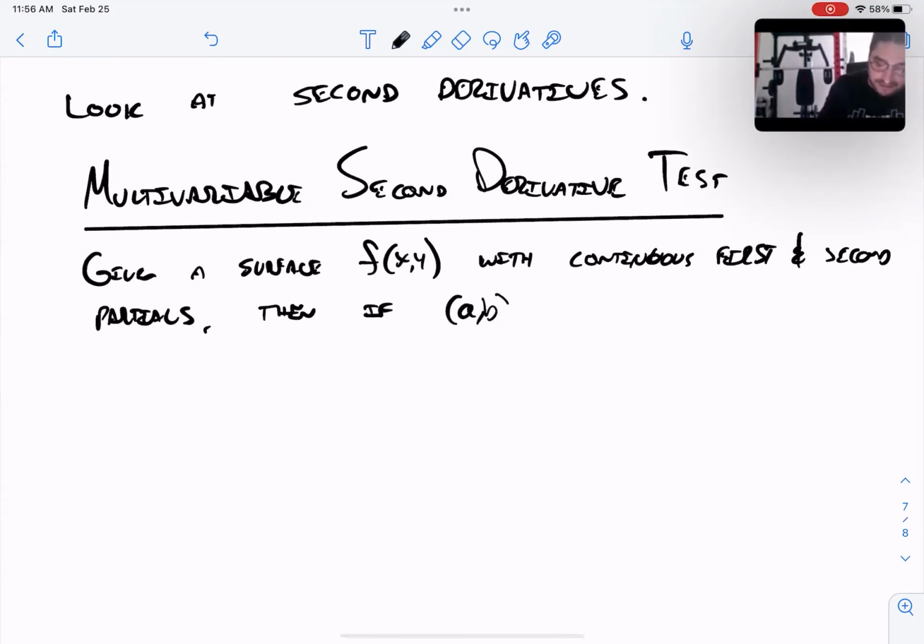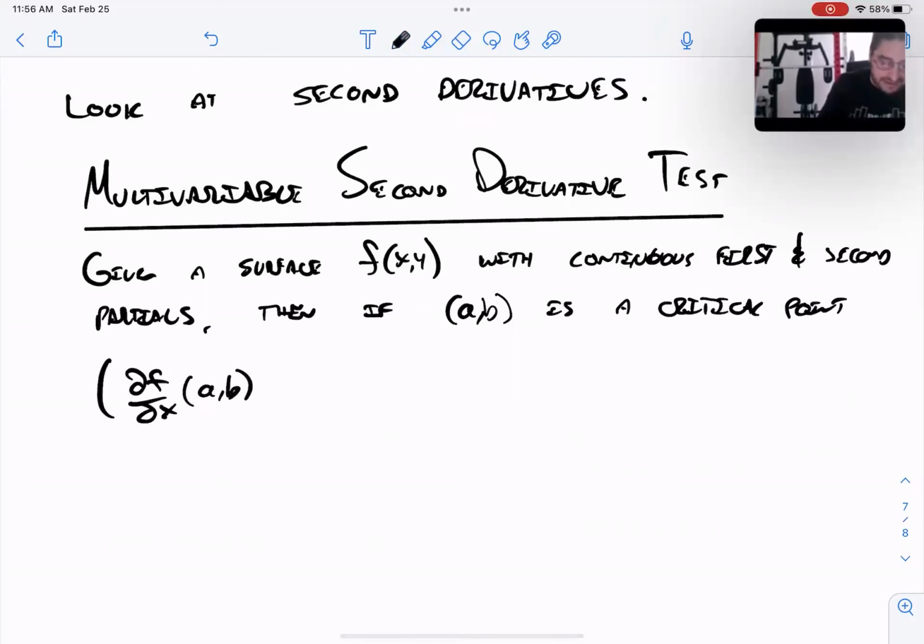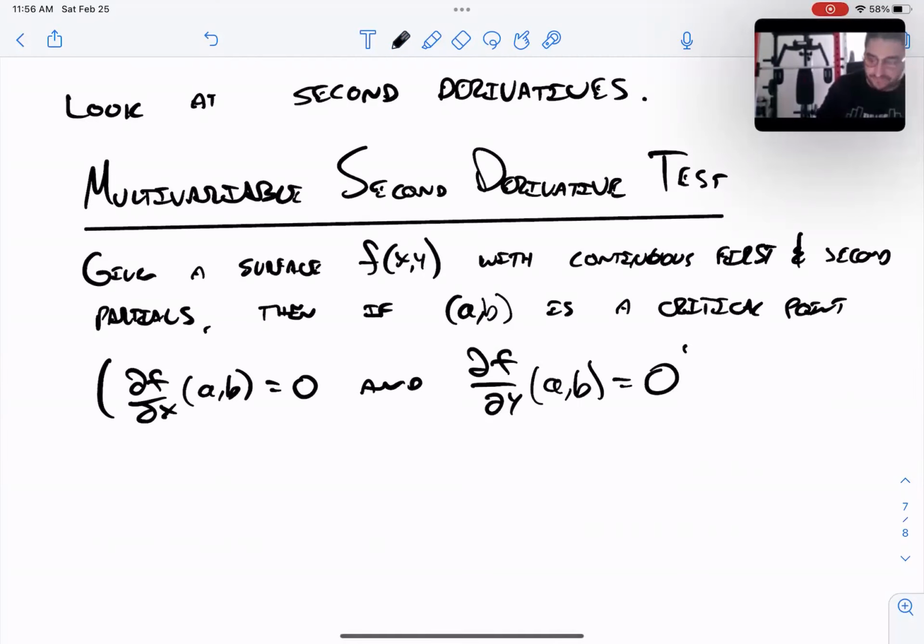Then if (a, b) is a critical point, meaning the first partials at (a, b) are both 0, so you already found a critical point, and now you want to classify it further.